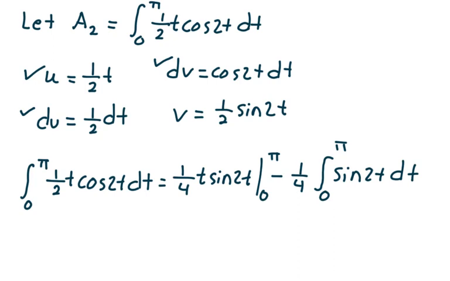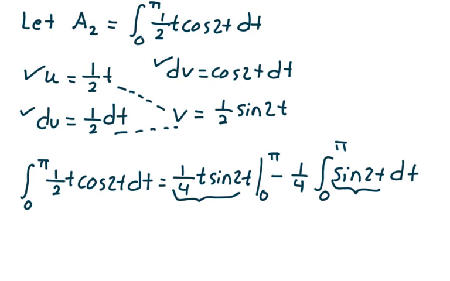So the integral from 0 to pi of 1/2 t cosine 2t dt is uv, which is 1/4 t sine 2t evaluated from 0 to pi, minus the integral of v du, which is minus 1/4 the integral from 0 to pi of sine of 2t dt.